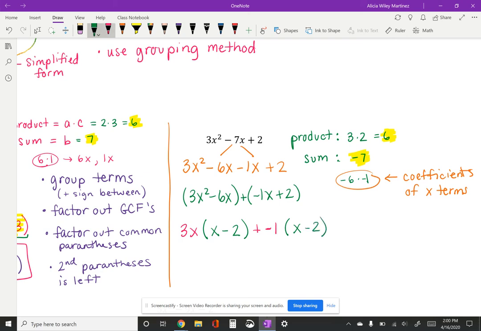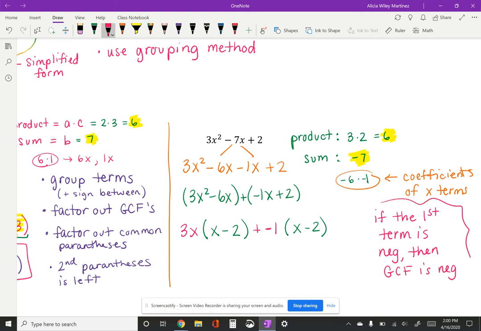The way that you know to factor out a negative, and I've mentioned this before, is if the first term is negative, then the GCF is also negative. It's a good rule of thumb to go by when doing factor by grouping. So you can see here are my common parentheses.